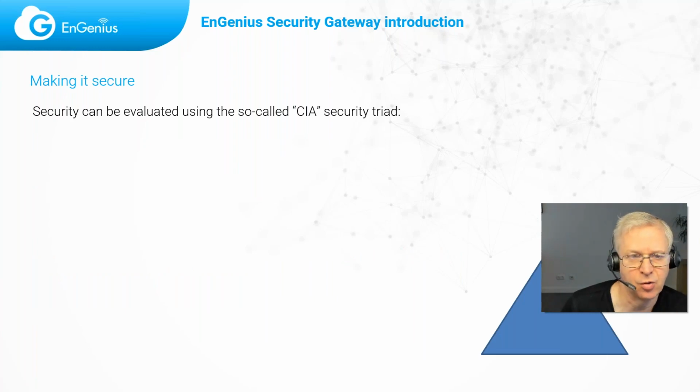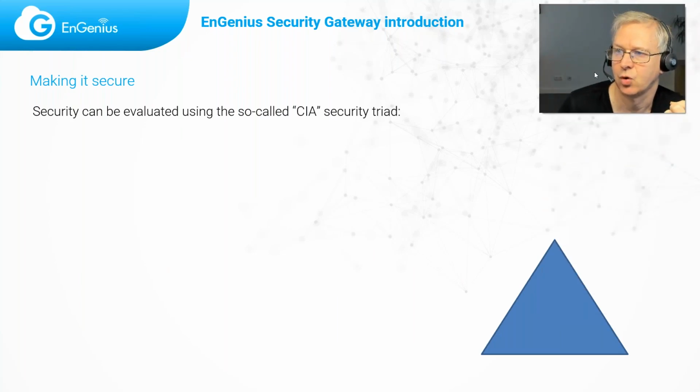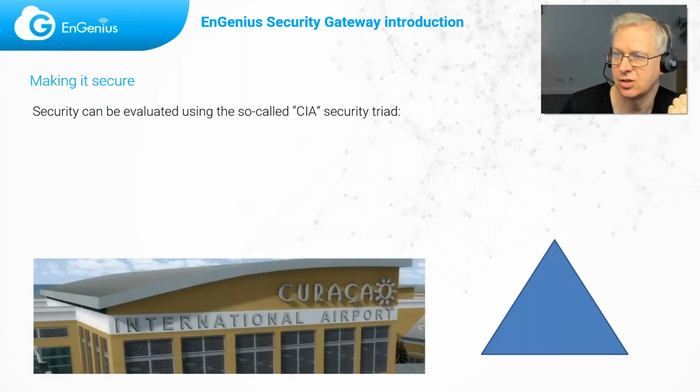So about security, if you want to evaluate security gateways, we usually use the so-called CIA security triad. The C stands for confidentiality, that outsiders cannot read your stuff. Most people, when they talk about CIA, think of one thing; I think of something else.